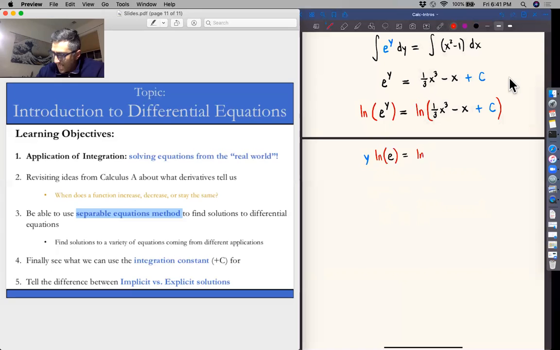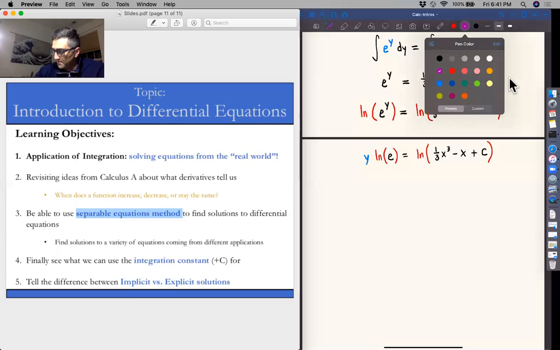It's still the ln of that entire thing, 1/3 x cubed minus x, and we still have the plus c inside of that natural logarithm's argument. So the plus c is still inside that natural log.